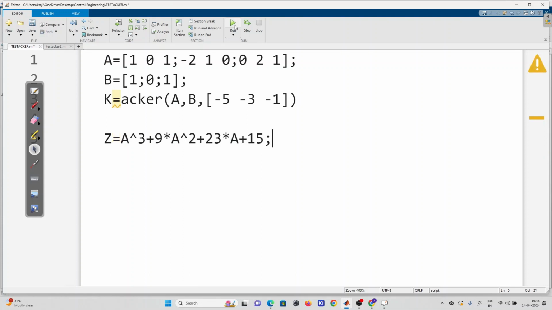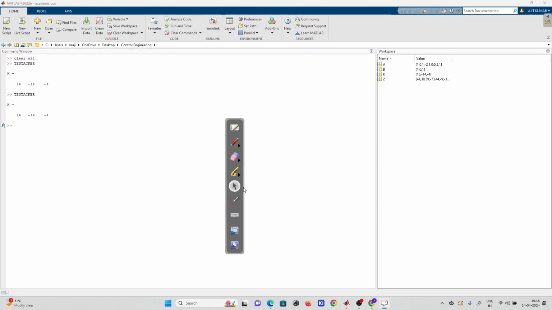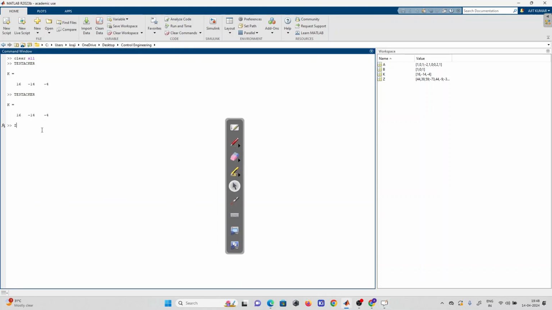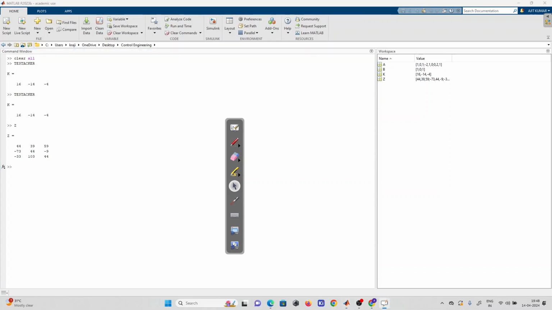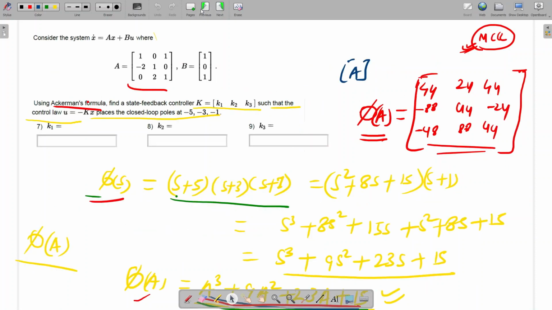Maybe some error can come, but okay, it's running. So we'll find the Z matrix. See, 44, 39, 59. I think some mistake is there. I have already written here 44, 24, 44.